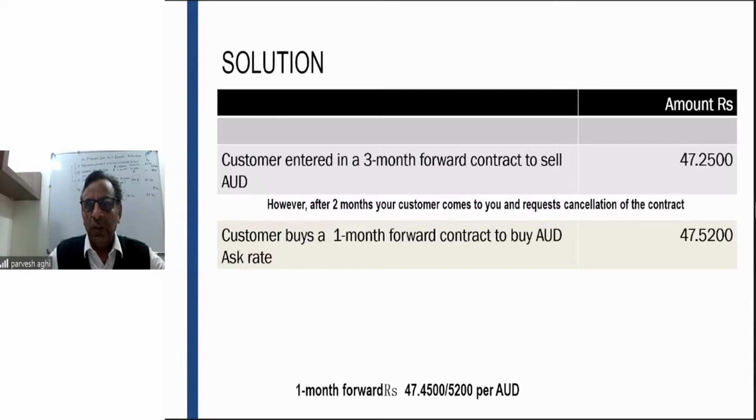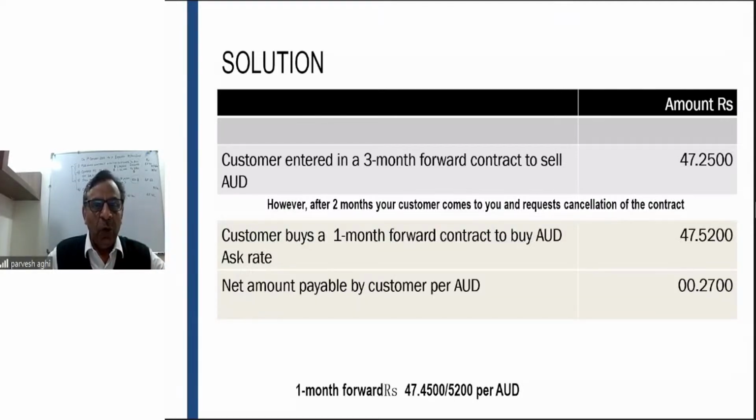To cancel the contract, he has to synchronize both the dates. Because there is still 1 month left, he is going to buy a 1 month forward contract. Again, here we are using the interbank rates because there's no more information given to you. So the net amount payable by the customer would be 0.27, which is the difference.